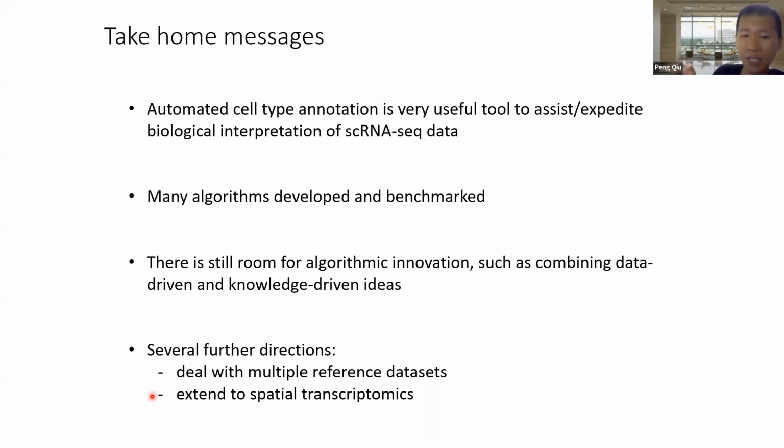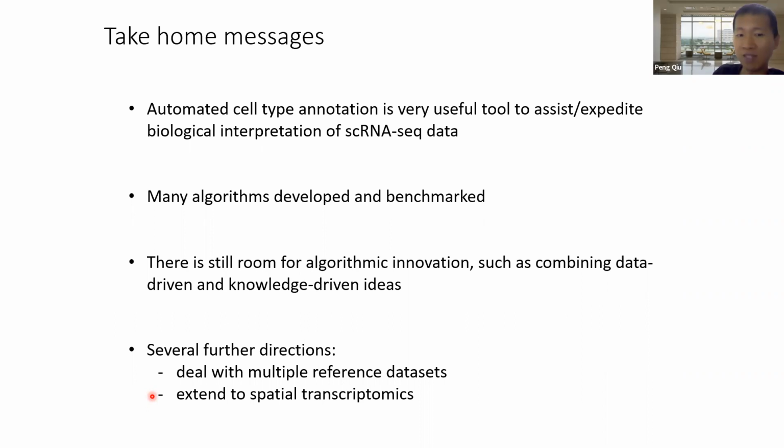In fact, that problem can also be cast as a cell type annotation problem, where we have a reference single cell RNA-seq data set, we learn from it, and then in some way reduce the batch effect so that we can use whatever model we learn from the reference data set to predict cell type label proportions for each spot in spatial transcriptomics.